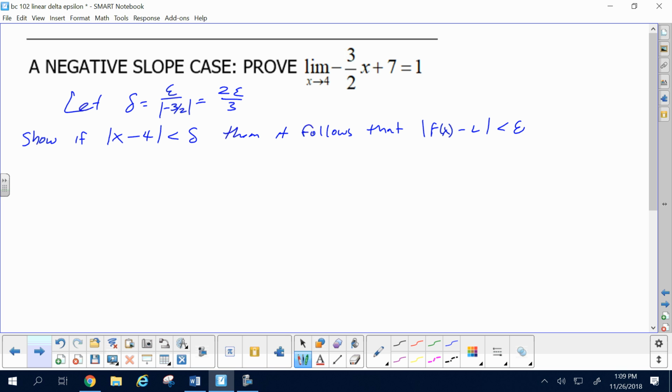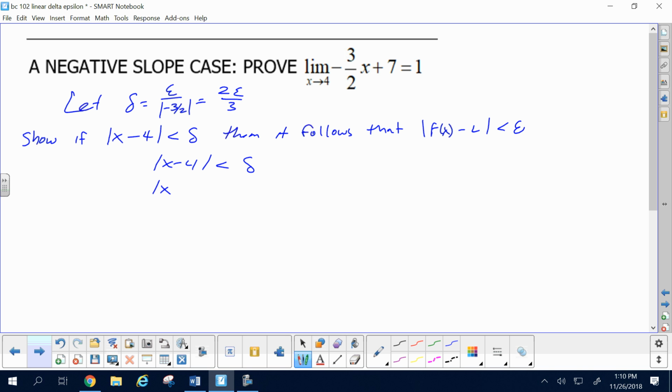In other words, I'm basically saying I'm going to prove that the definition of a limit is satisfied. Now let's assume we start with the assumption that x minus 4 is less than delta as our starting point, and we'll show that it must follow that f minus L is less than epsilon.